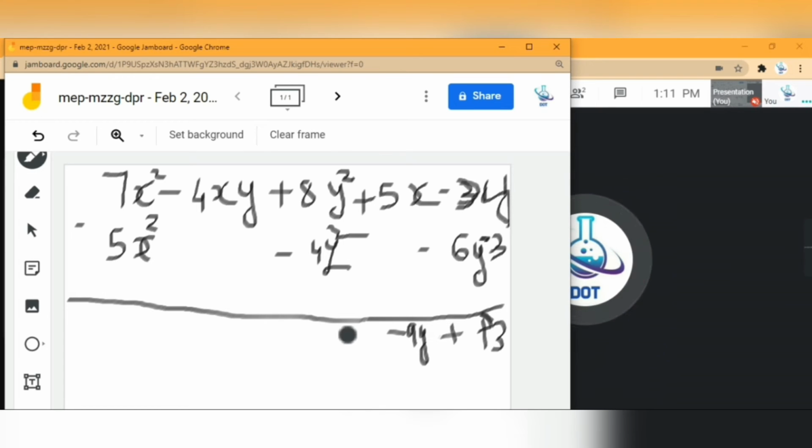Then we get 5x. We are taking it down as it is because there is no term below. Then plus 12y square.